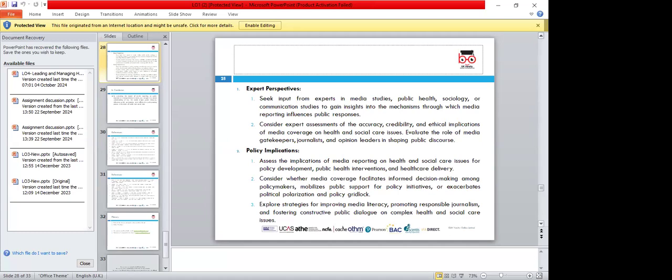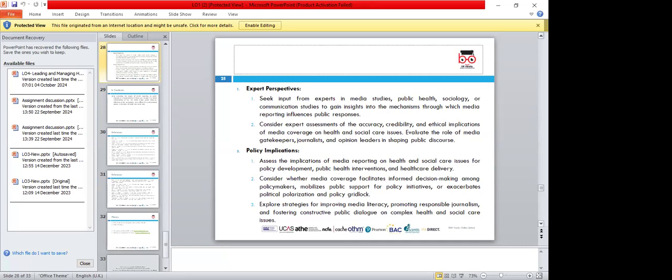So consider whether the media coverage facilitates informed decision making among policymakers, mobilizes public support for policy initiatives, or exacerbates political polarization and policy gridlock. Explore strategies for improving media literacy, promoting responsible journalism, and fostering constructive public dialogue on complex health and social care issues.